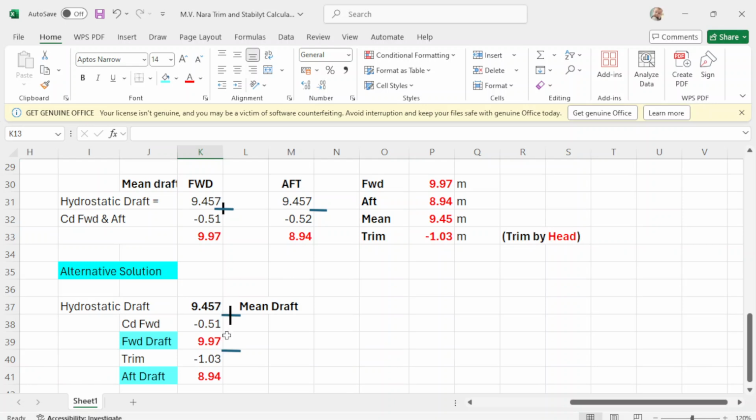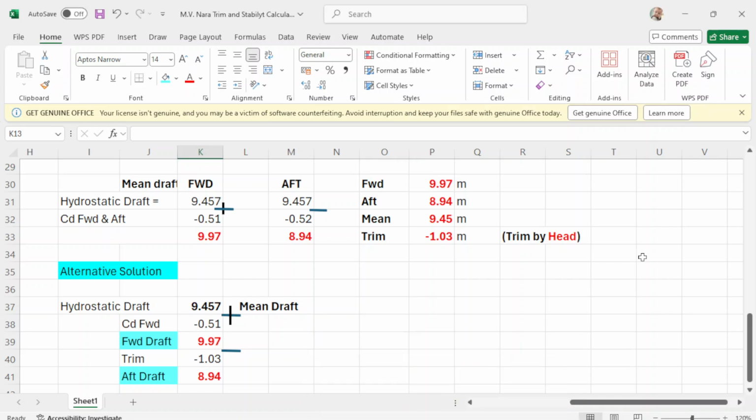You add this one, then your forward drop will be 9.97, which is the same. Then you apply your trim. Okay. You deduct your trim of 1.03, and your up drop will be 8.94, which is the same. So this is another solution from this one. Okay.